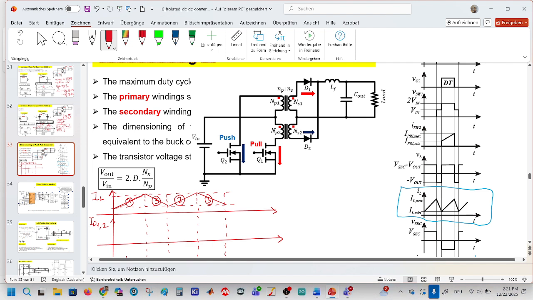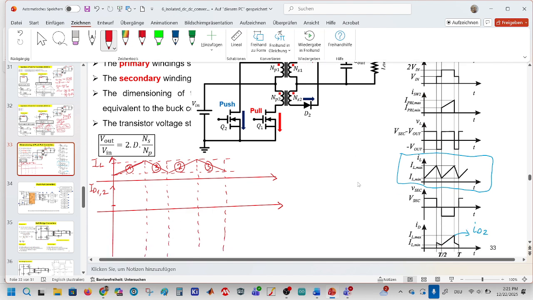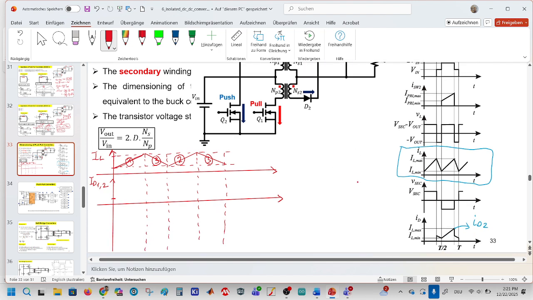So what happens during mode 1? This current waveform is exactly the same as, for example, this current waveform here. It has again a mean value. Let's compare it again here. This is the mean value of the diode.